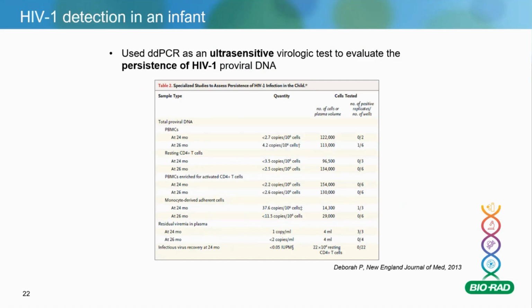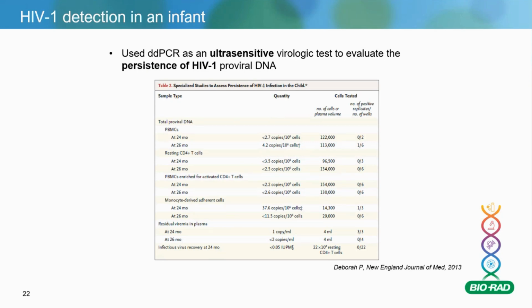This is just showing you the comparison of the results, and the ultra-sensitive test showed very low but measurable HIV DNA at 24 and 26 months, and this was not detected by standard qPCR or real-time PCR. And there were 3 types of tests done at age 24 months, 6 months after cessation of the ART.